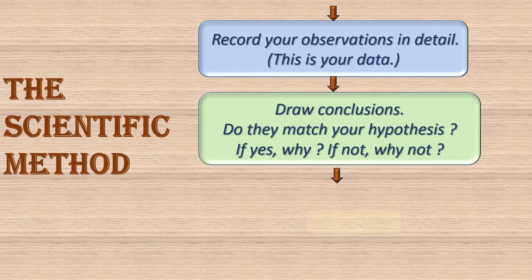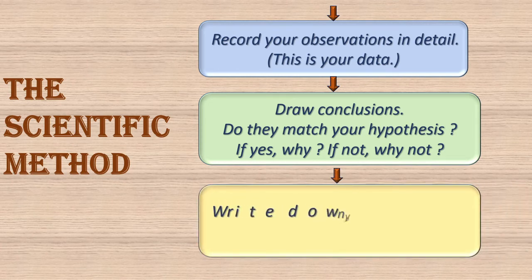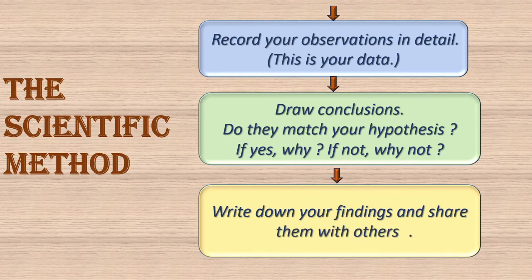Last, here, write down your findings and share them with others. Okay, whatever you got the answer, that you have to write down and you have to share them with the others. Here, what is the conclusion? Magnet attracts iron, but not all substances, not even all metals.